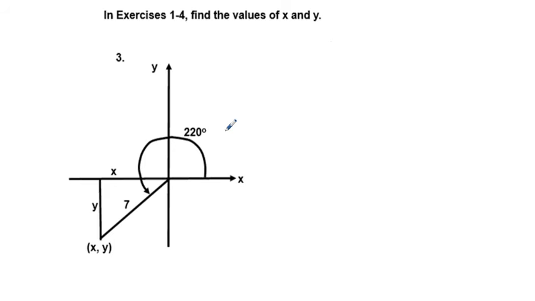Next on problem 3, we have the same thing here. R cosine theta equals x, and R sine theta equals y. In this case, we can use a reference triangle. I'm going to briefly demonstrate that, but we can just straight up use this 220 degrees.